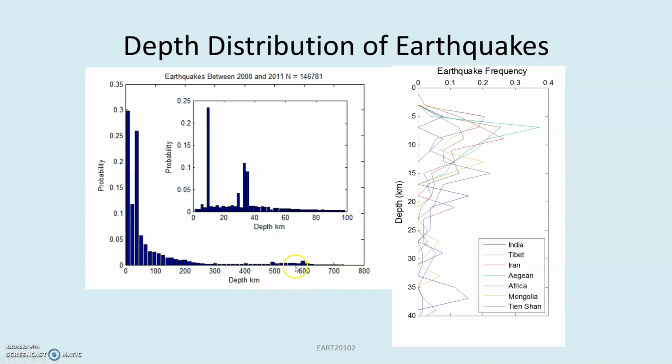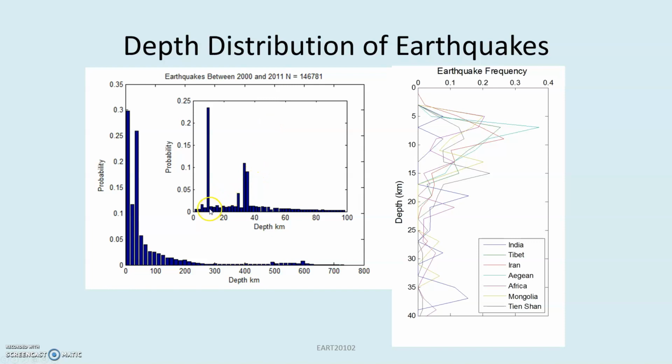Okay. And if we zoom in on this area in here, we see this kind of relationship between the number of earthquakes and depth. But one important thing to note in here is that this is taking just the raw earthquake data from the USGS website for any earthquake that's above a magnitude 4 between 2000 and 2011. It's just taken them.